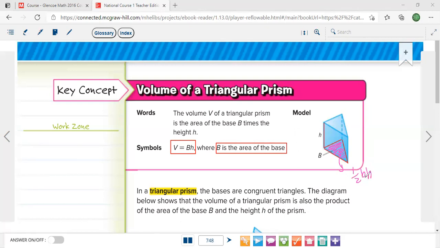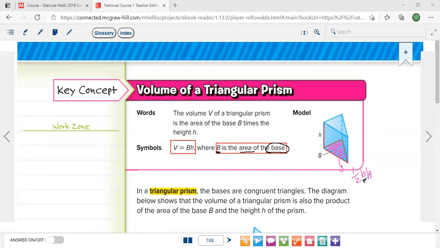And I want you to differentiate between the small b, lowercase b, and uppercase B. This uppercase B, capital B, means area of the base, means the area of the triangle.